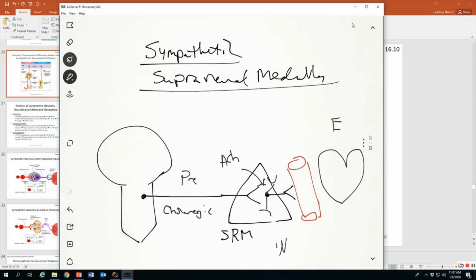Because all ganglionic synapses and all somatic NMJs have nicotinic receptors. If this is a ganglionic synapse, that's nicotinic. Now, this postganglionic cell releases epinephrine, norepinephrine.